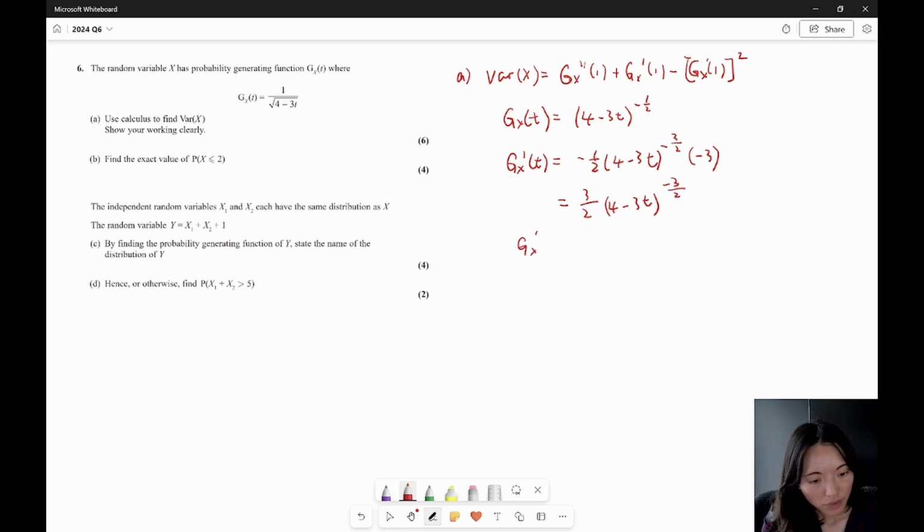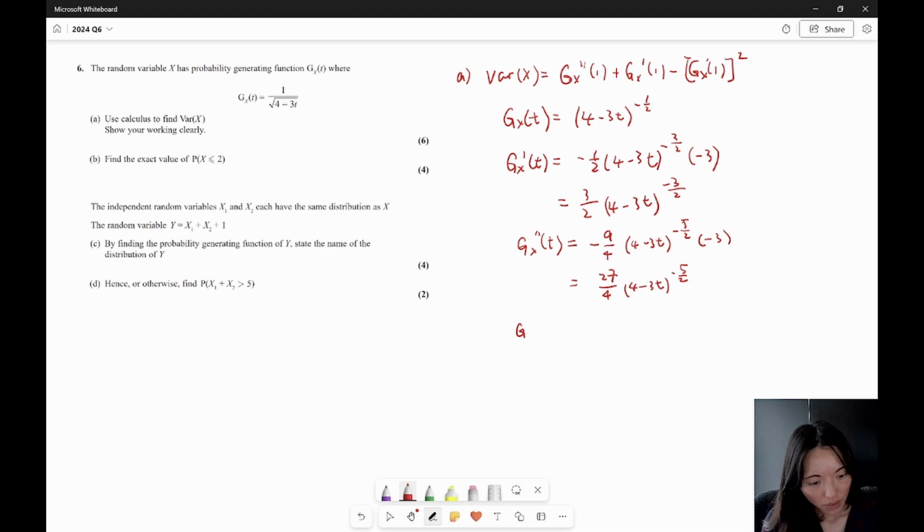And then the second derivative, let's take the derivative again. That's minus 9 over 4, 4 minus 3t to the 5 over 2. Differentiate what's within the brackets again, and we get minus 3. So we have 27 over 4 times 4 minus 3t to the power minus 5 over 2.